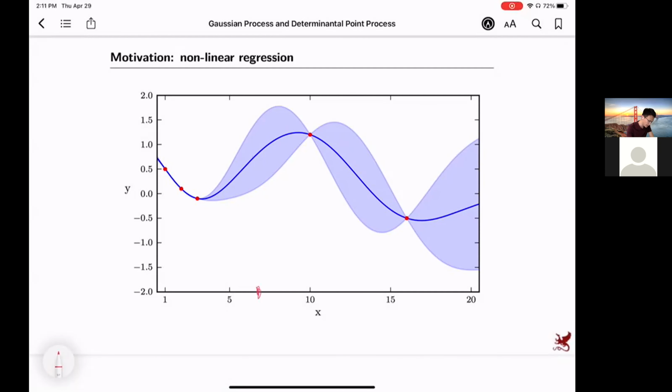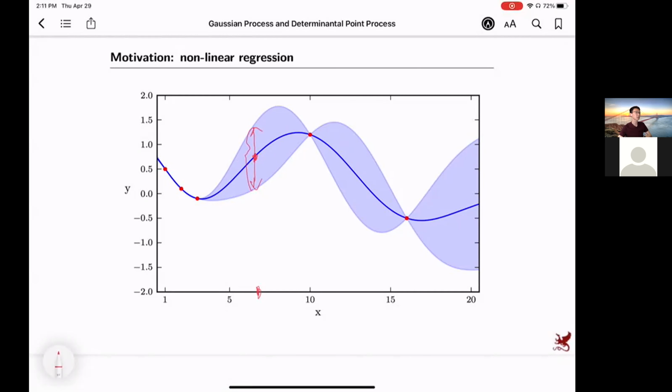If you ask the same question now, I can tell you this is my prediction, but I can also tell you that my prediction might range within this interval, right? So I'm not that confident about my prediction. I tell you that all of these values are possible predictions.